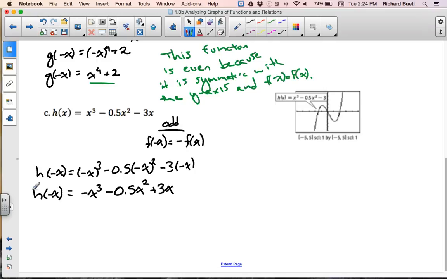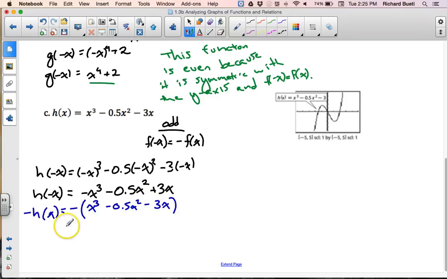The next thing I have to find is negative h of x. So let's evaluate that underneath it. Negative h of x is going to be negative 1 times x cubed minus 0.5x squared minus 3x.